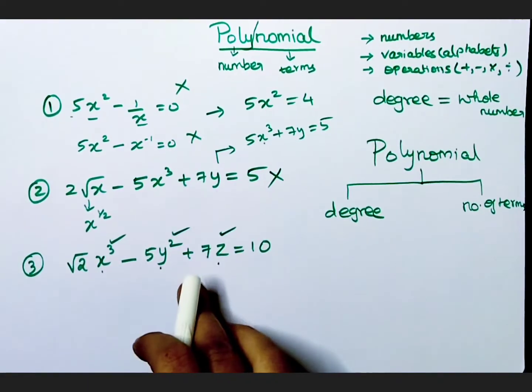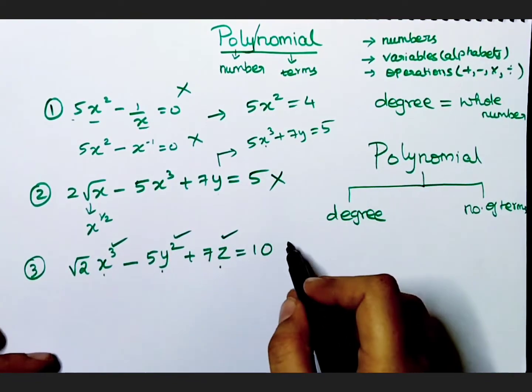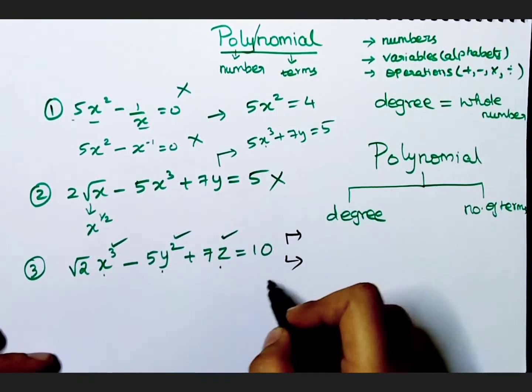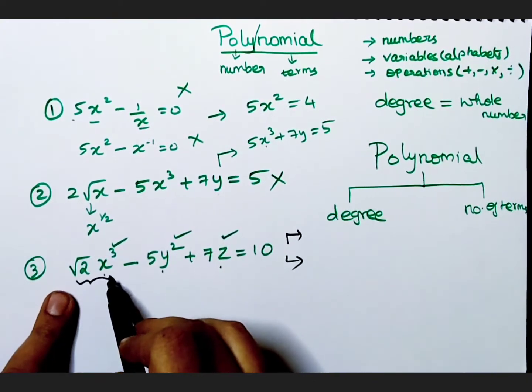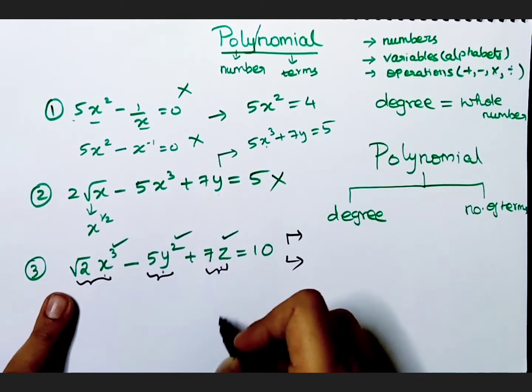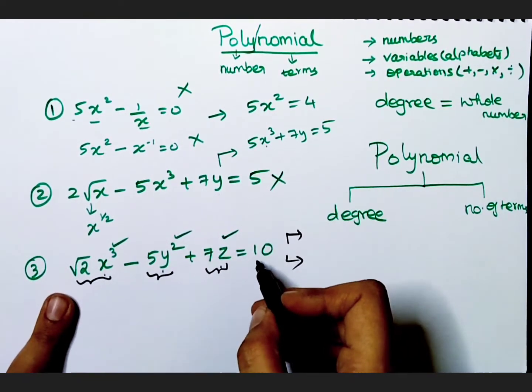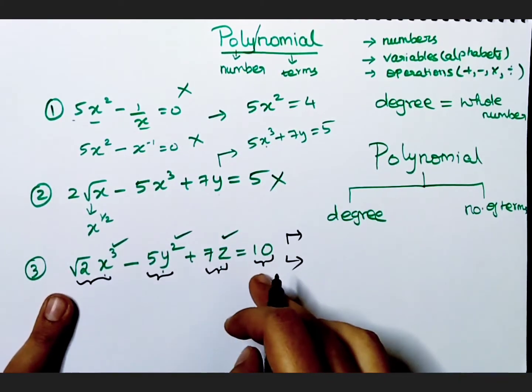Coming back to this example, so if you see, can we classify based on the degree and number of terms? We shall do. Root 2 x cube is one term, 5y square is one term, 7z is one term, and also we have 10. Okay, totally we have 4 terms.